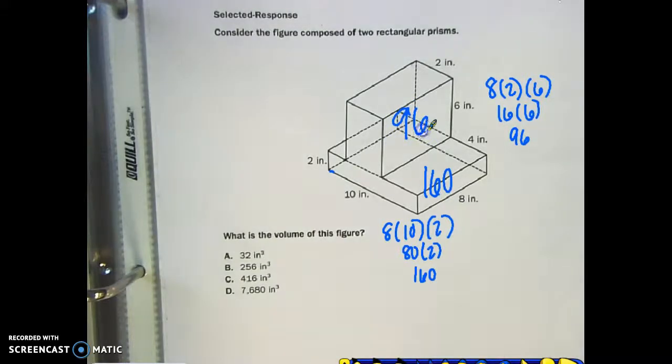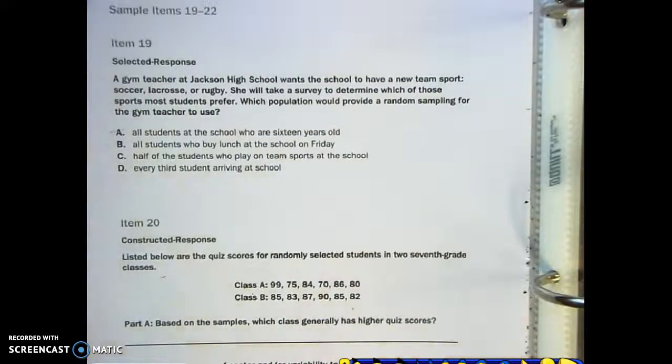So the volume of the whole three-dimensional shape is 160 plus 96, which is 256 cubic inches. All right, so the next unit is Unit 5, which is statistics.